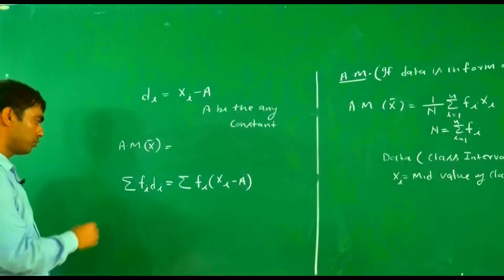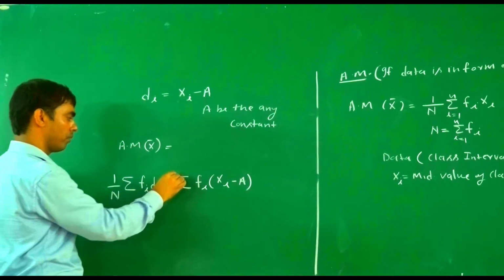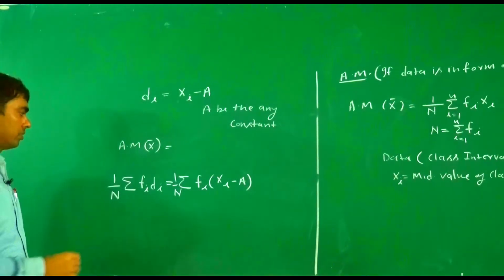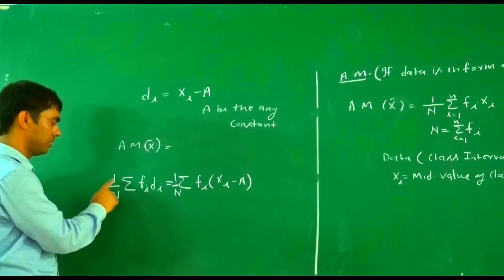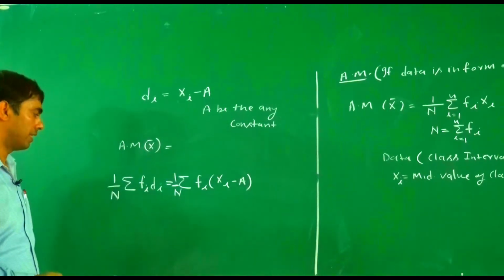Suppose we also divide both sides by n, because there is no change if we multiply 1 by n on the left hand side and 1 by n on the right hand side.